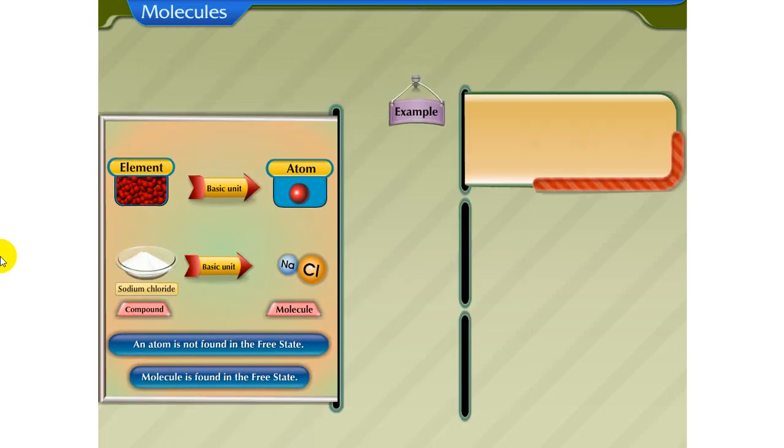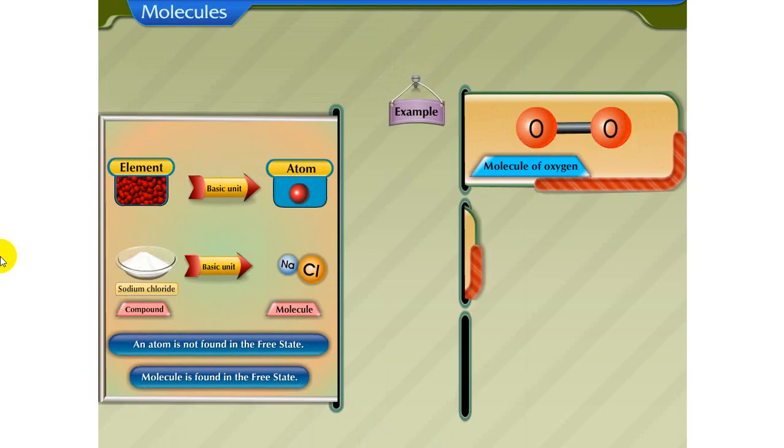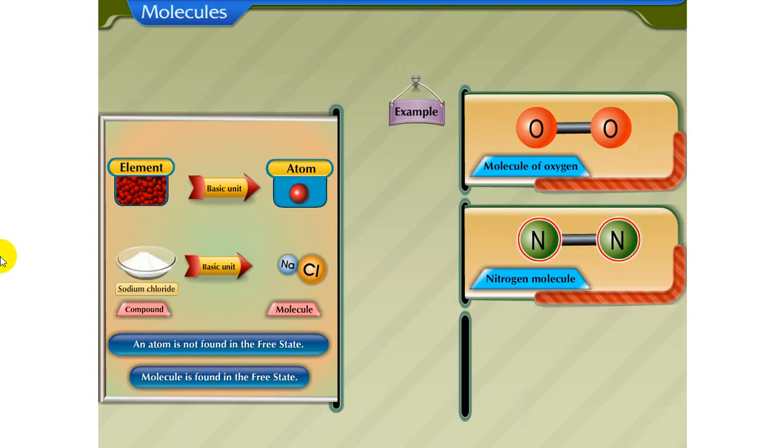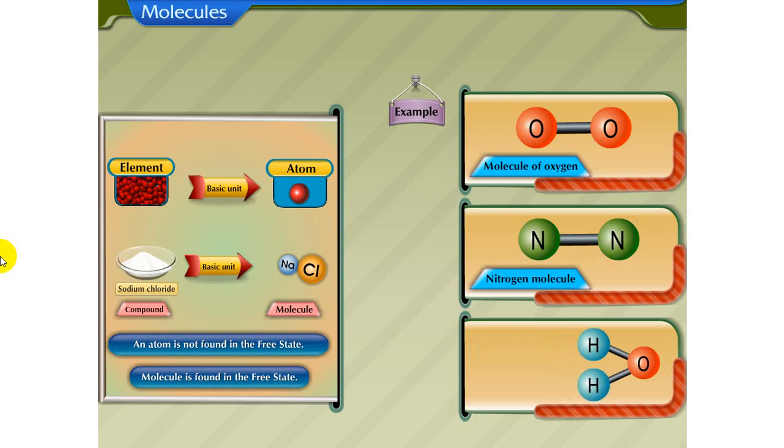For example, a molecule of oxygen is made up of two atoms of oxygen. Similarly, nitrogen molecule is made up of two atoms of nitrogen. But a molecule of water is made up of two hydrogen atoms and one oxygen atom.